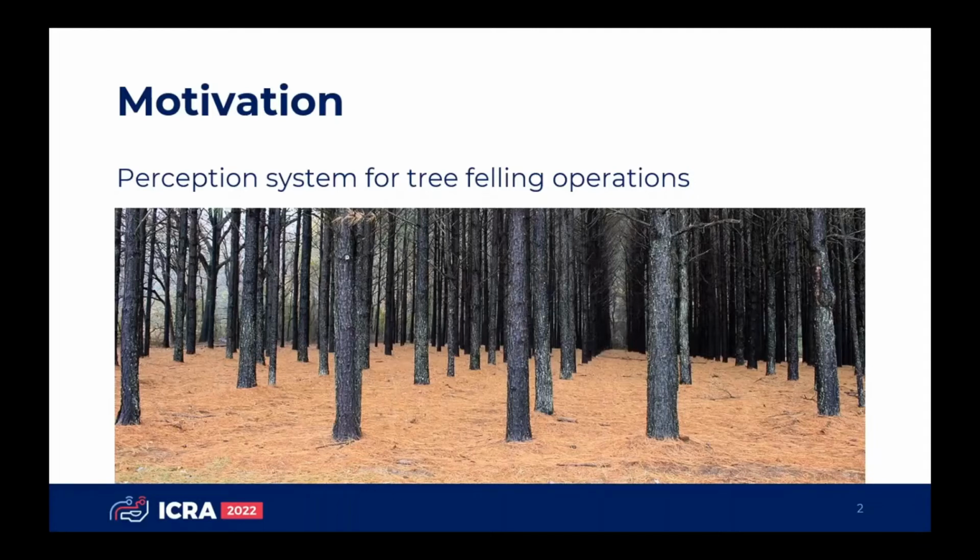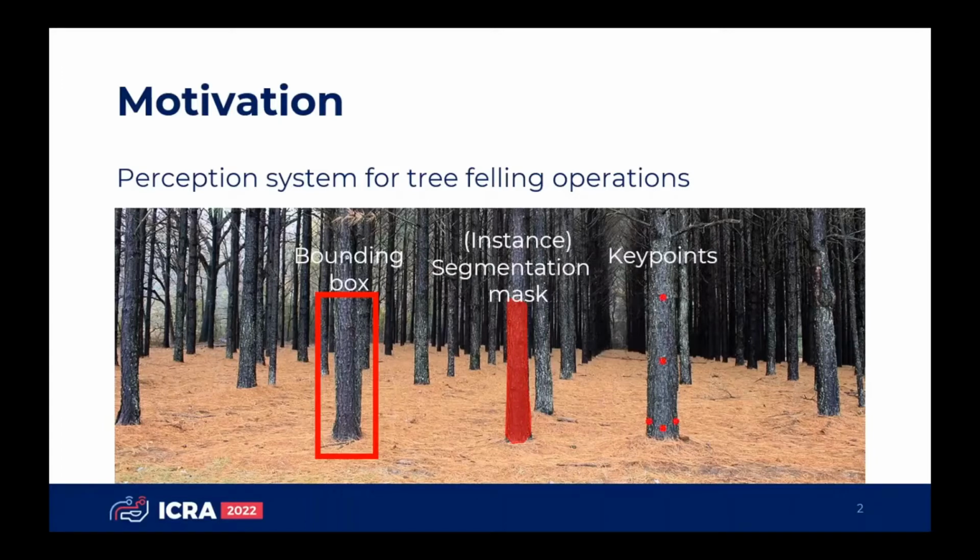These annotations can take multiple forms. As we can see here, we can have bounding box, segmentation mask, key points, or a combination of them. Since creating an image dataset is a cumbersome process, we want to be sure that the annotations we're going to use are going to be worth it.